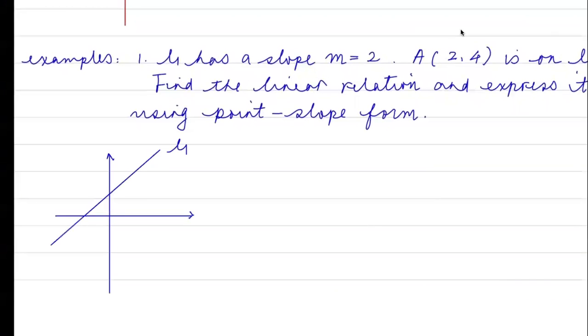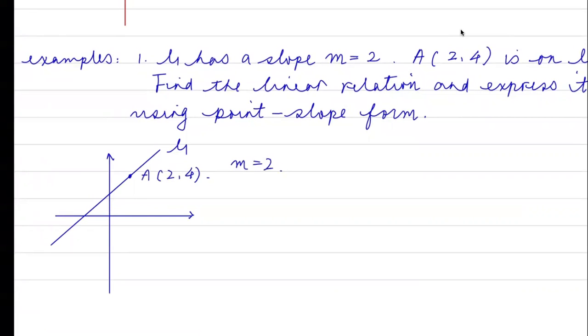Okay, so what do we know about this straight line? We know two things. We know the slope is equal to 2. And we know point A, which is 2, 4, is on the straight line. So let's say this is A, 2, 4.